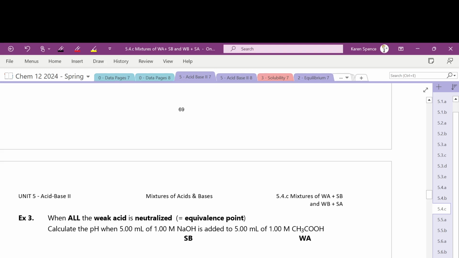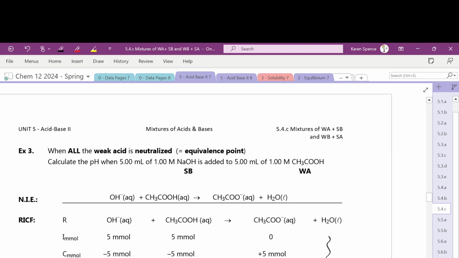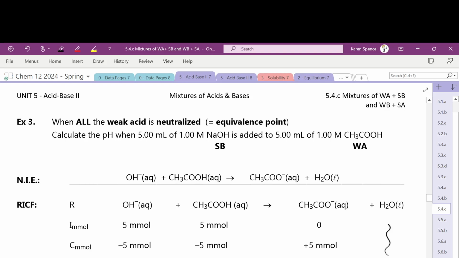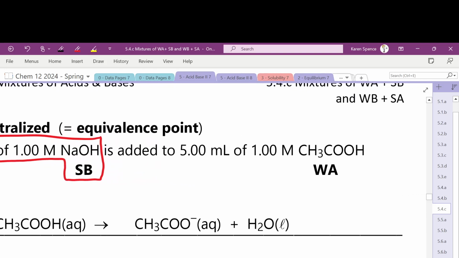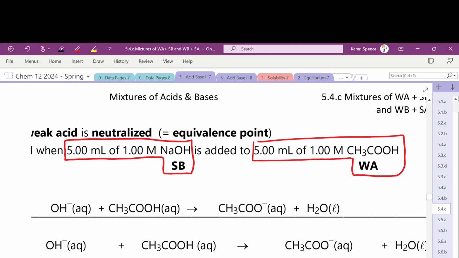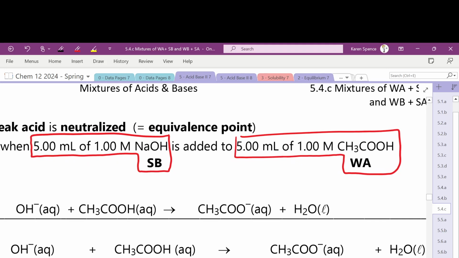Now we're going to skip on to page 69. All right. When all of the weak acid is neutralized. Ooh, this is exciting. So we have the same volume and molarity, 5 milliliters, 1 molar NaOH, and 5 milliliters, 1 molar of the acid. Please tell your partner how many millimoles of NaOH this is.